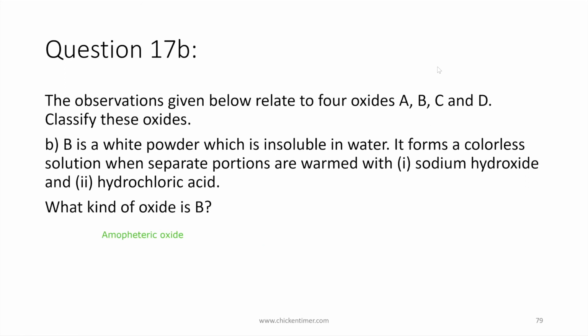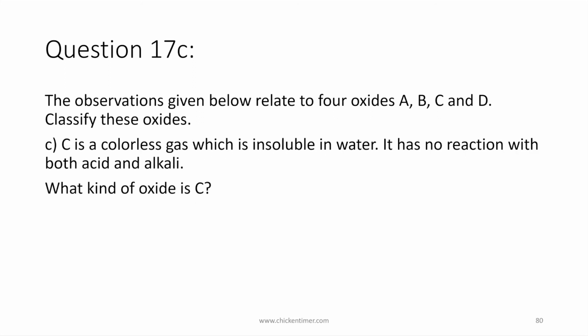Because it forms a solution when it is mixed with acid and also sodium hydroxide, a base. Yeah, so the answer would be because it reacts with sodium hydroxide and hydrochloric acid. So it must be an amphoteric oxide. Correct. Next. Okay, correct. Because it has no reaction with both.